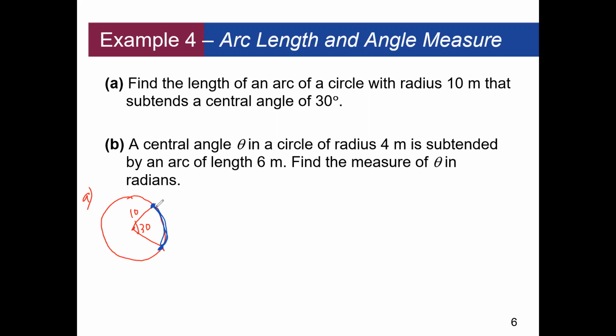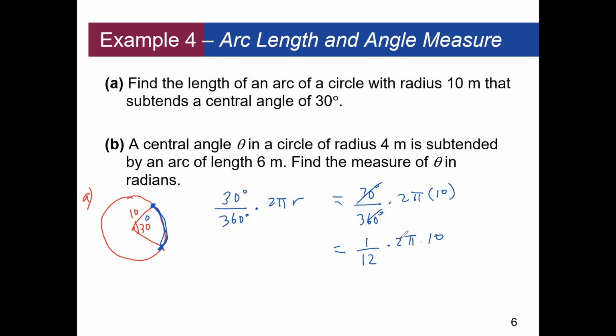Since this is in degree, I'm going to do 30 degree divided by 360 degree and multiply it by 2 pi r. And r is given, so that's 30 degree over 360 degree times 2 pi times 10. If I simplify this, this is 1 over 12 times 2 pi times 10.